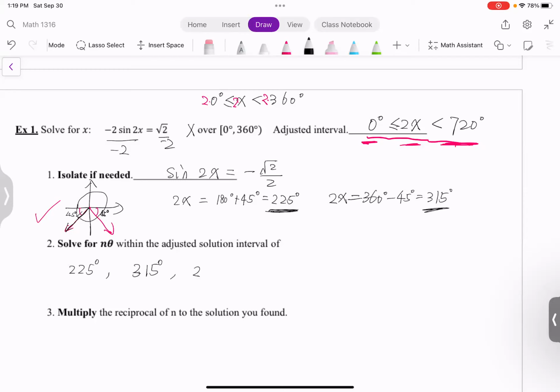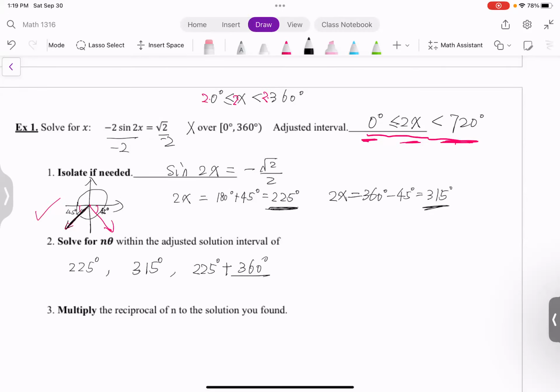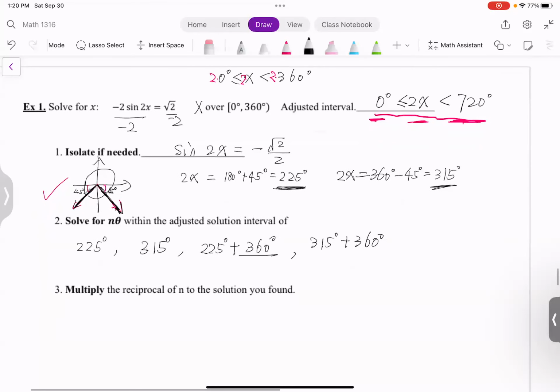The next one, I can say 225 degrees plus 360, 1 revolution, the coterminal of 225. And the next one is 315 degrees plus 360, another coterminal angle, the coterminal of the angle in the fourth quadrant. So I add 360.